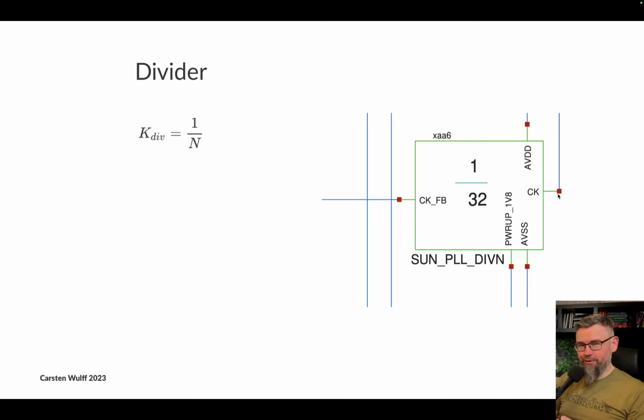It's a fractional number. So it turns out that it's also possible to make what's called fractional PLLs, and what you do then is that you have two dividers, where you sometimes divide by 150 and sometimes divide by 149, and you use a sigma delta, which makes sure that the average division ratio has quite low noise.